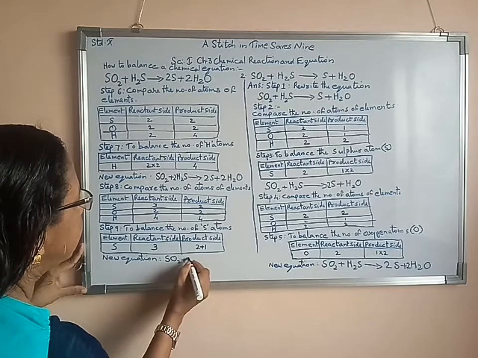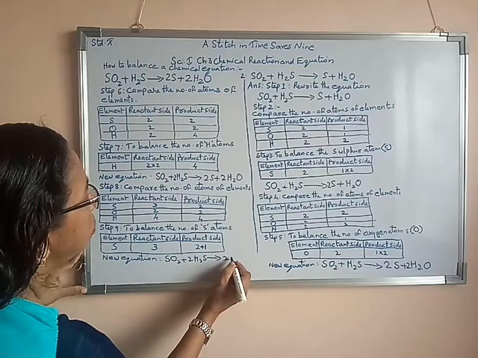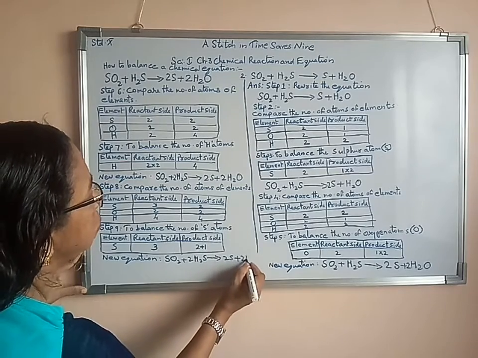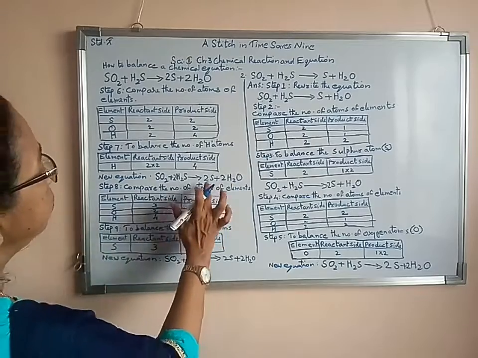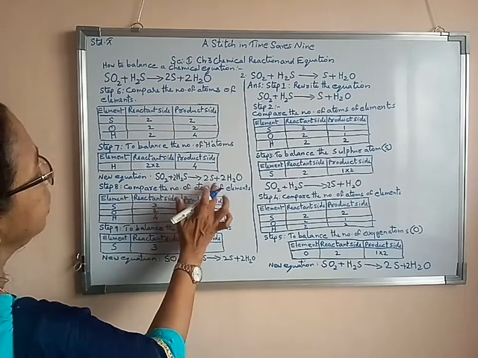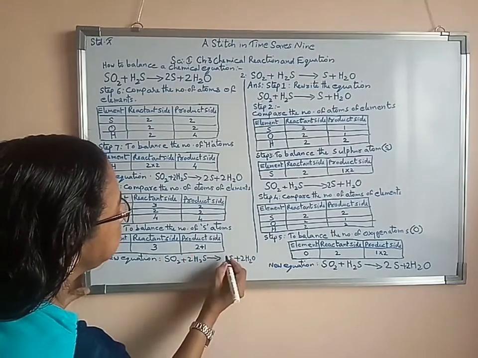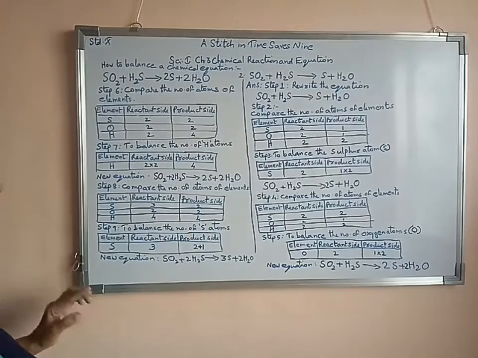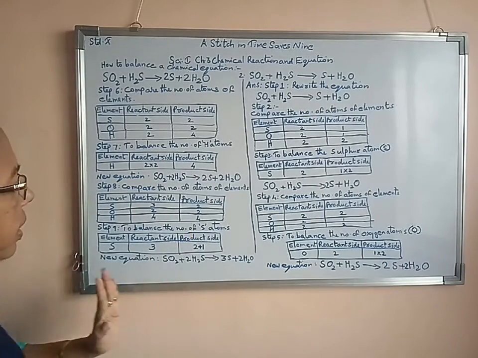SO2 plus 2H2S gives rise to 2S plus 2H2O. Same I copied. Now the sulfur number: here how many became? 2 plus 1, 3. Here only 2 is there, but I made it 3 now. So I am changing it to 3 sulfur. Now you will find that each and every number will be equal.